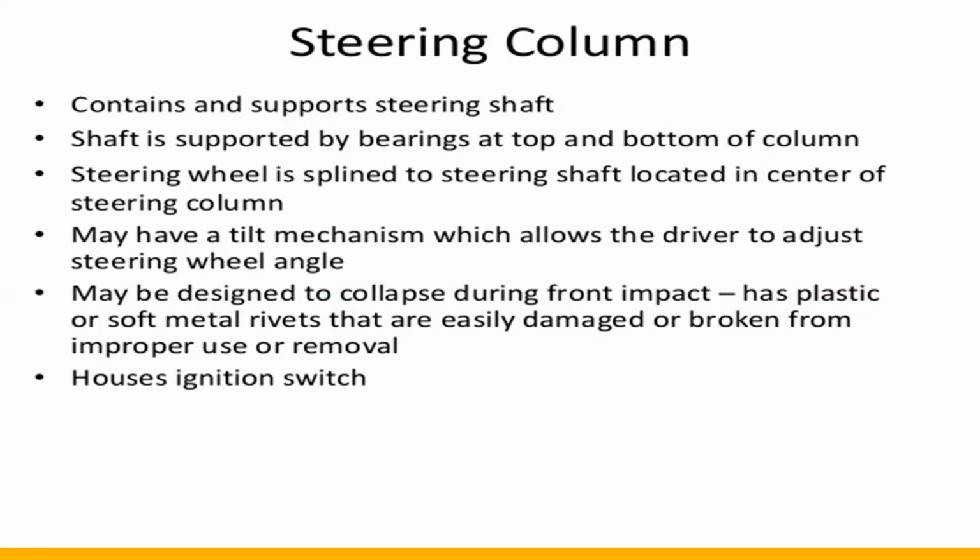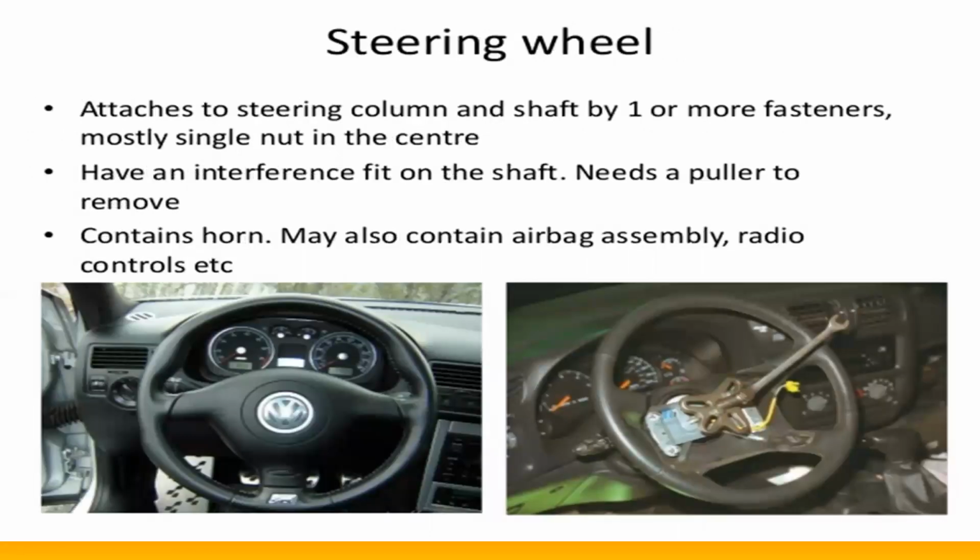It may be designed to collapse during front impact, has plastic or soft metal rivets that are easily damaged or broken from improper use or removal, and houses ignition switches. You can see it is the overall steering column.